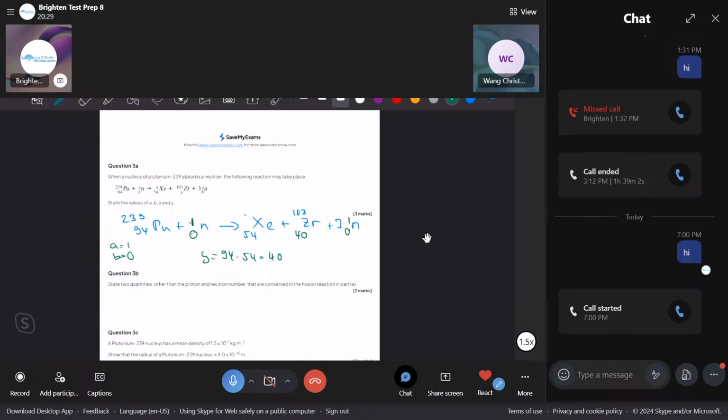And then xenon. So 239 plus 1 equals X plus 103 plus 3 times 1.